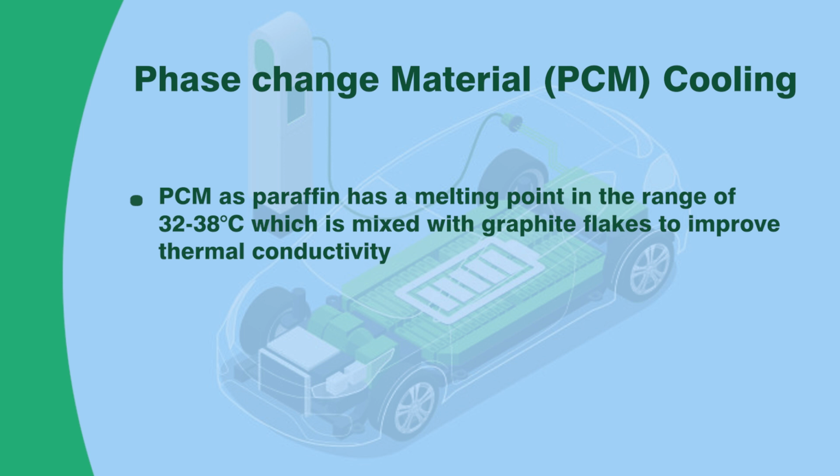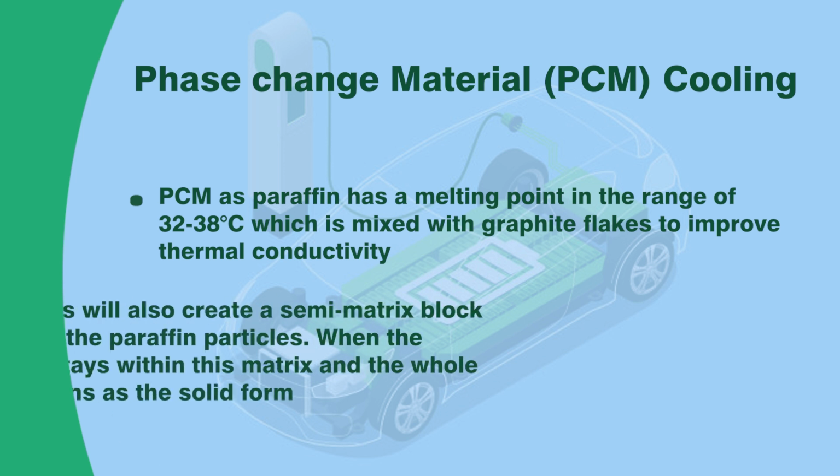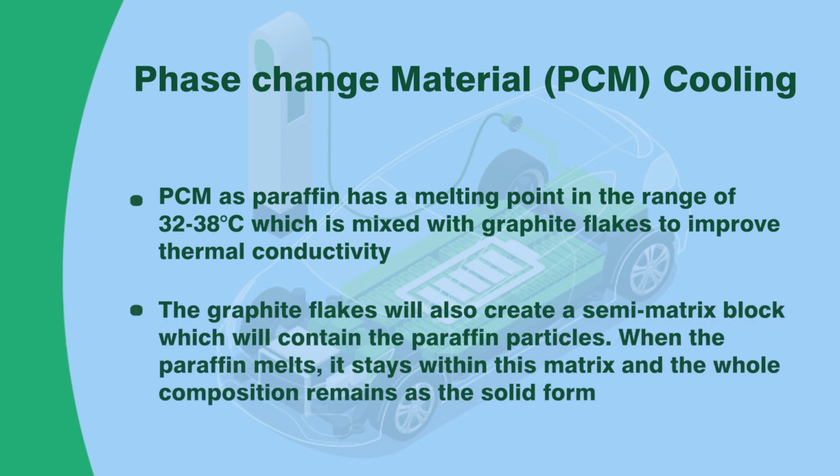Now, what kind of materials can you use? Paraffin is one such material. The phase change material paraffin has a melting point in the range of 32 to 38 degrees centigrade, and is mixed with graphite flakes to improve the thermal conductivity. These graphite flakes also create a semi matrix block which will contain the paraffin particles.